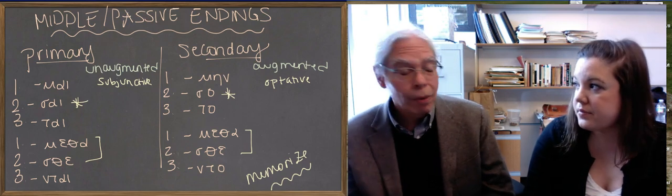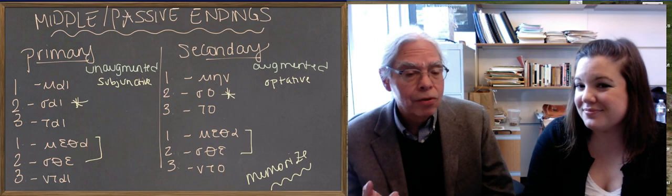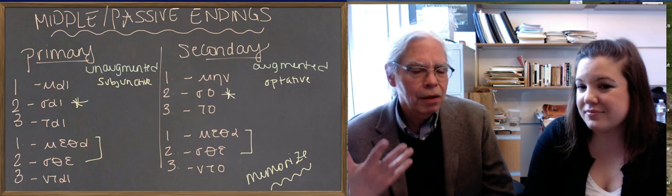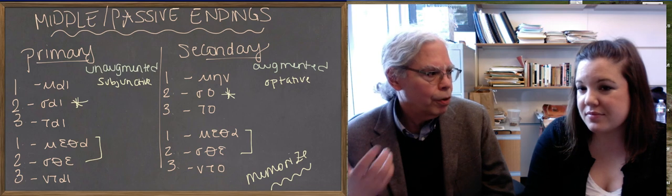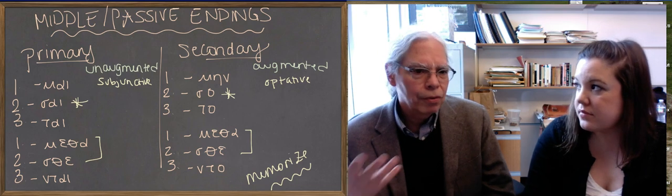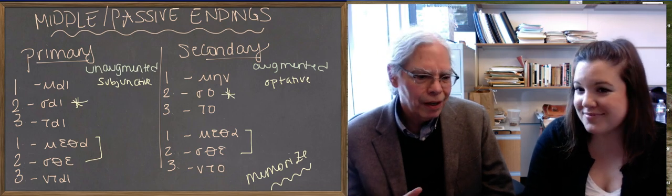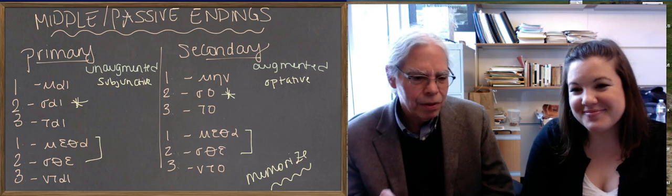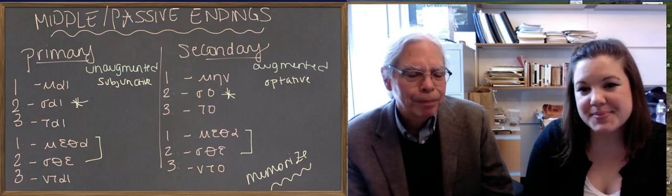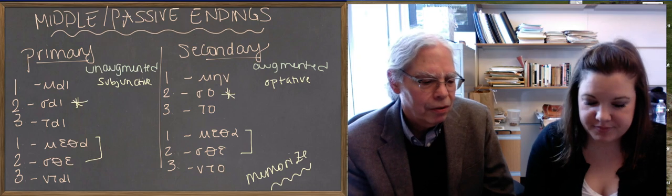That sounds overwhelming. It's not really, because it's a system, and the formation of the verbs works the same way that you've already learned. So don't get freaked out. Okay, we're going to do it in pieces, and you'll get the hang of it. All right, so let's look at the next screen.